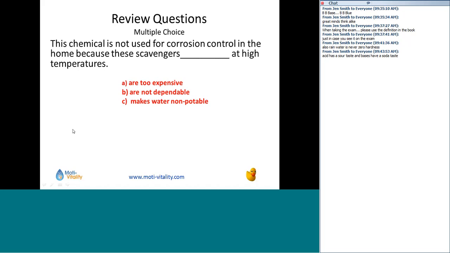The oxygen scavengers usually. Anybody? Answer is C, because it makes the water non-potable. Okay, so the oxygen scavengers generally are not used in the home because they make water non-potable.